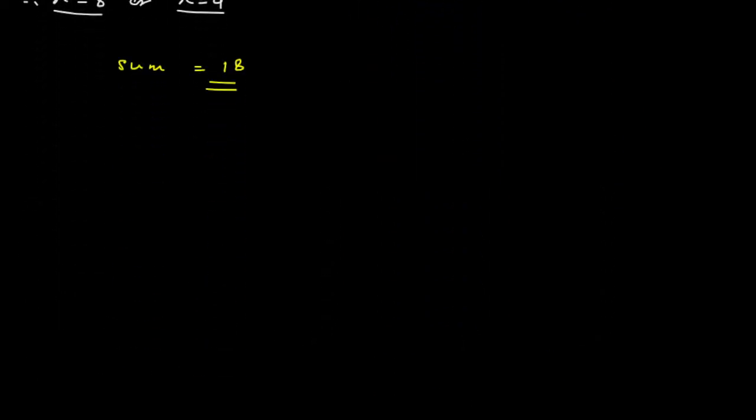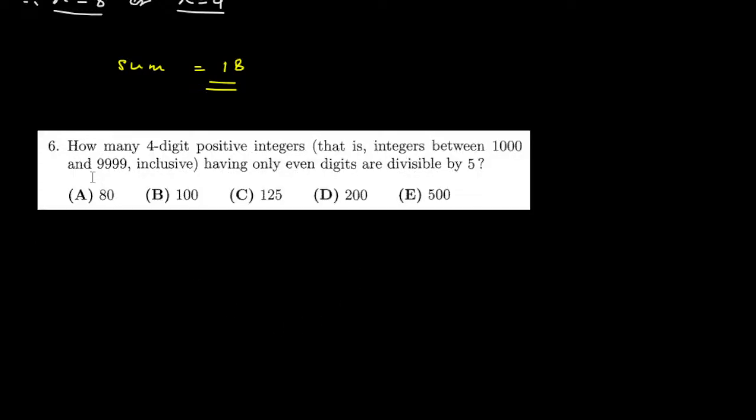Now question number 6. If we see question number 6, the question is: how many 4-digit positive integers, that is integers between 1000 and 9999 inclusive, having only even digits, are divisible by 5?